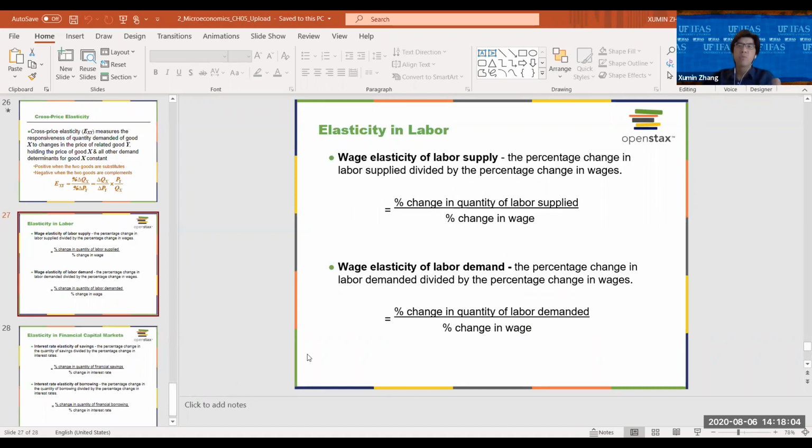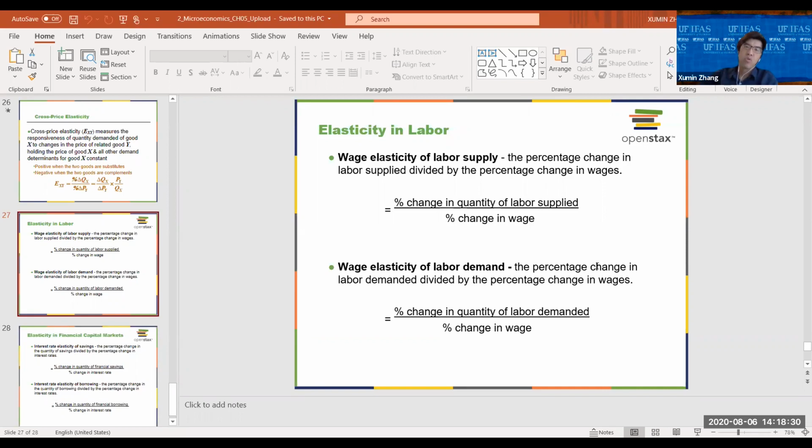Other than that, there are two more concepts. We mentioned the demand and supply of labor, and the demand and supply of financial capital, financial products. In this case, we also apply this elasticity concept to the labor market and the financial capital market. The thing is very similar.